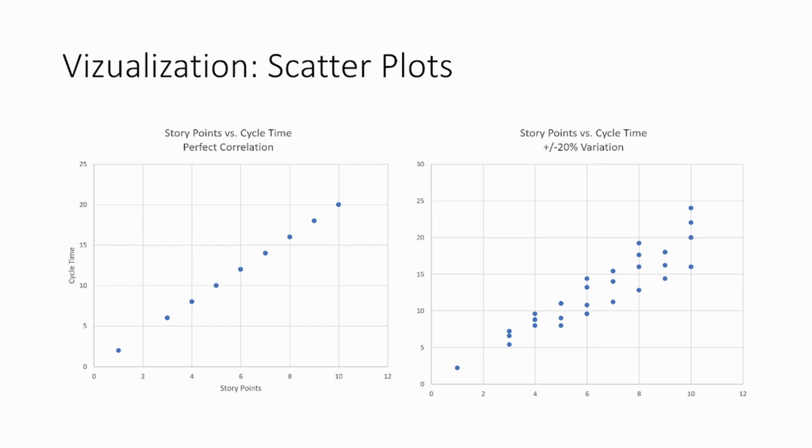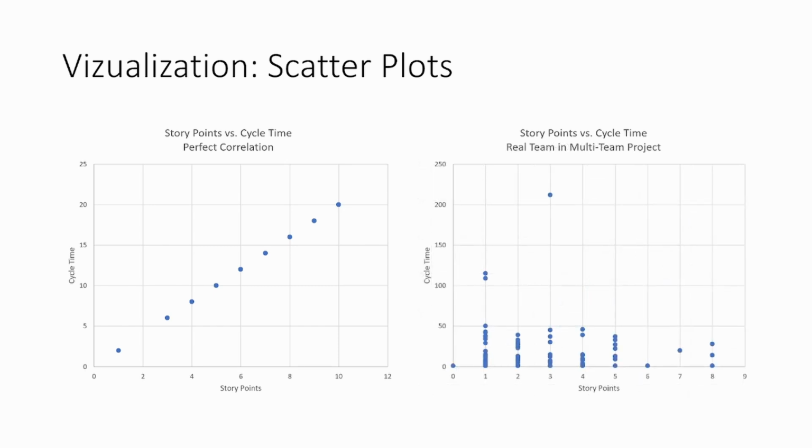What if we look at some real data from a real team in a real project? To the right, you can see data from a development team working in a multi-team environment. Note that overall, a 1-point story may take as long as a 5-point or 8-point story. Most stories are done fairly quickly, but it is not unusual for a story to take 25 to 50 days.